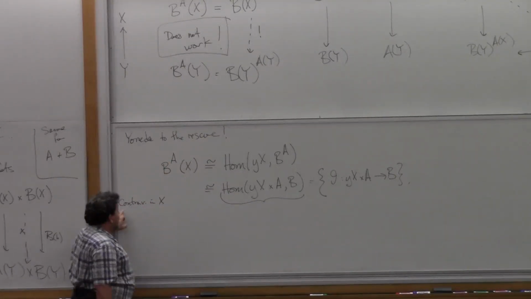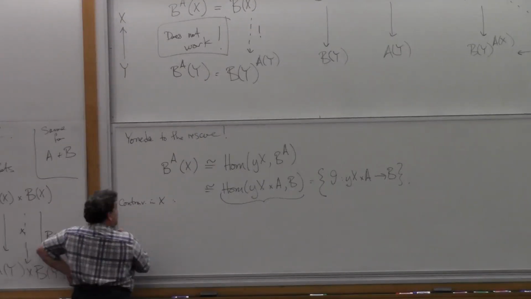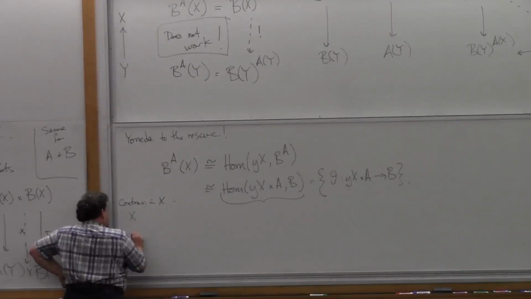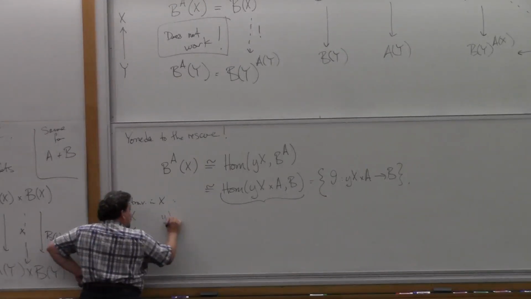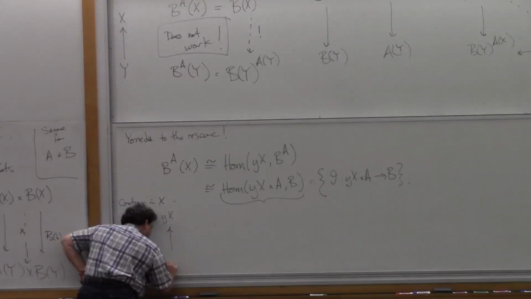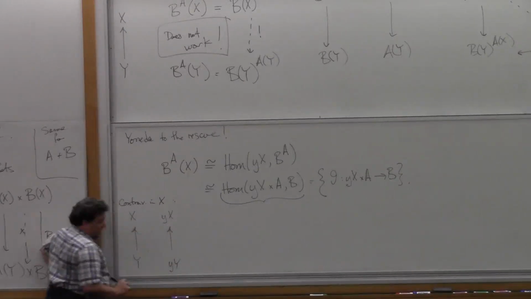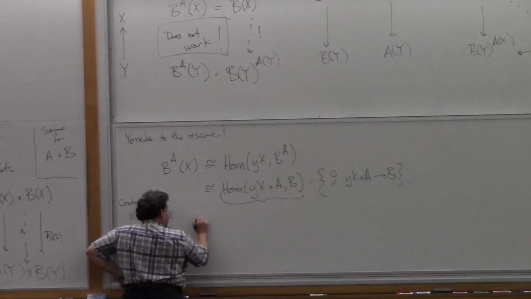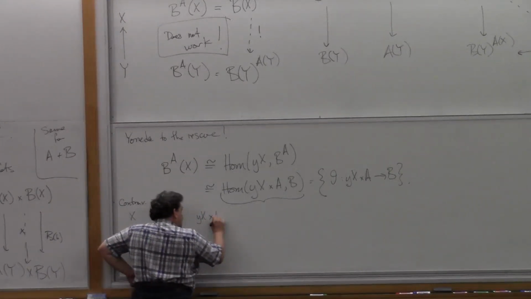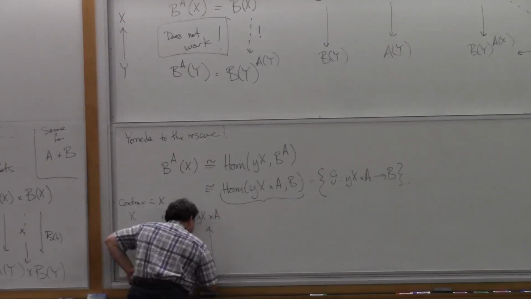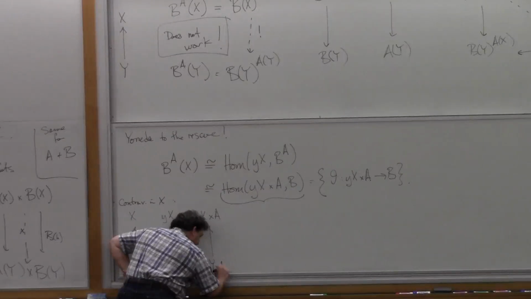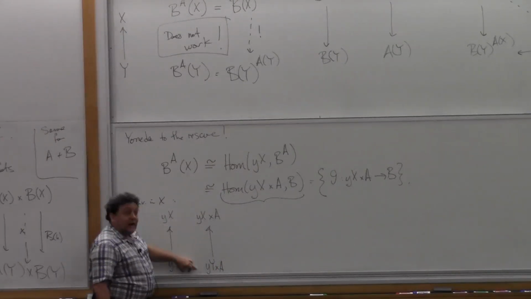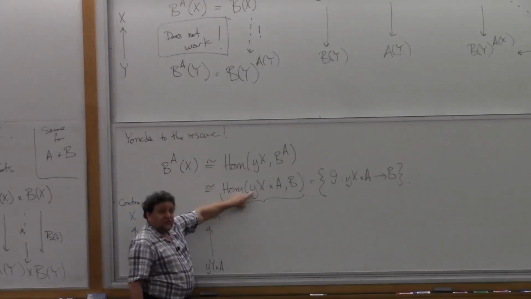Is it a contravariant functor of x? Well, let's see. Let's suppose that y goes to x. Well, we know the Yoneda embedding then is a functor, so that gives us this. Now we can cross that thing with a, because that's a functor, so that gives us this, yx cross a. And now we're homming out of this thing in this expression, right?